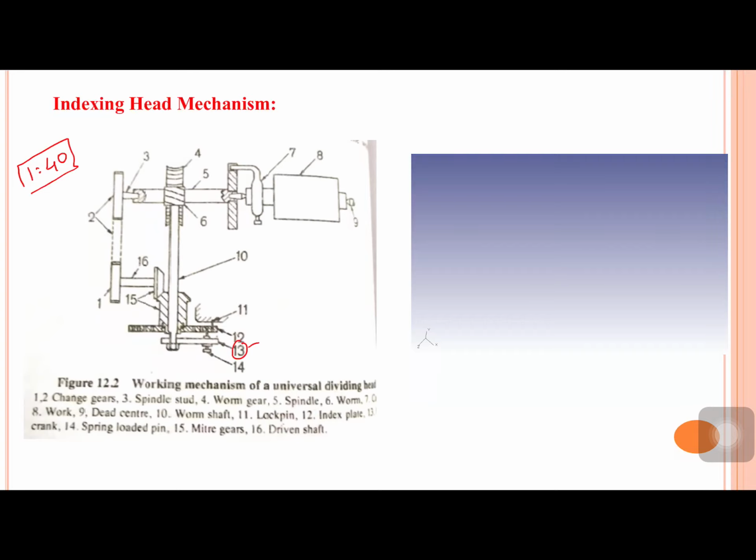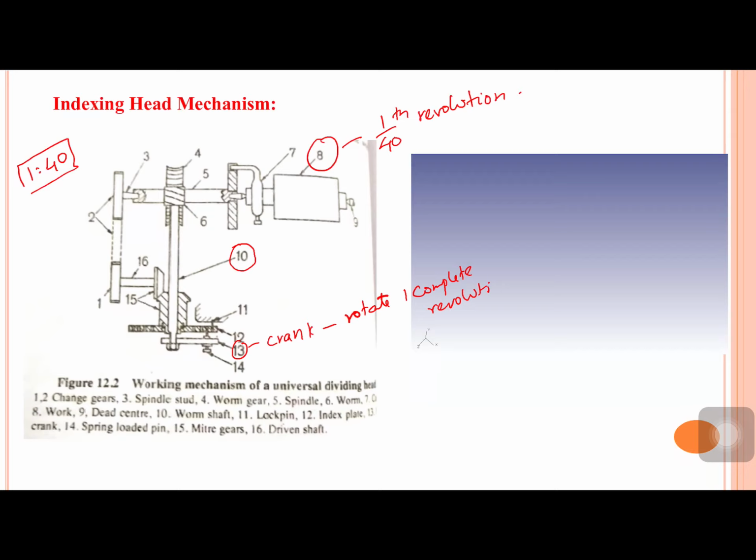So what it means is, if you rotate this particular crank, which is rotating this worm shaft holding the worm gear, by one complete revolution, then this work part is rotated by 1/40th revolution.